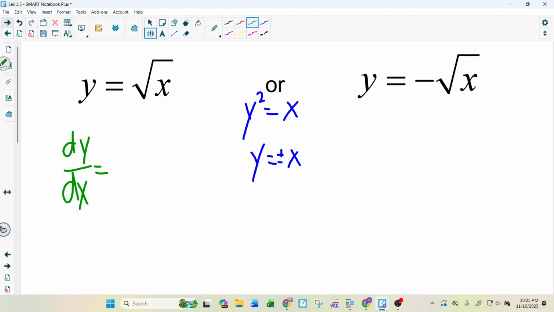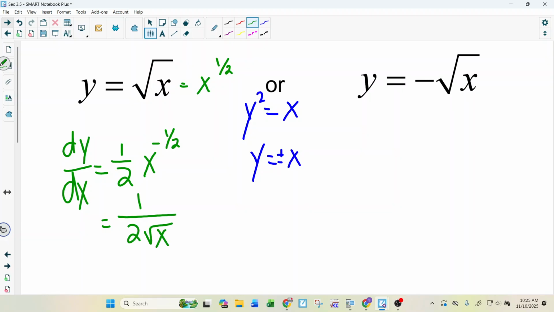Well, how do I take the derivative of x to the 1/2? I bring down the 1/2. I subtract 1. That's 1 over 2 square root of x. Now, I'm just trying to show you what's going on here.